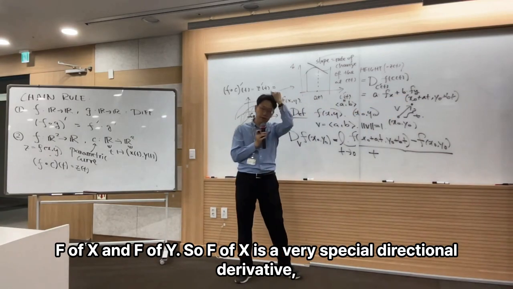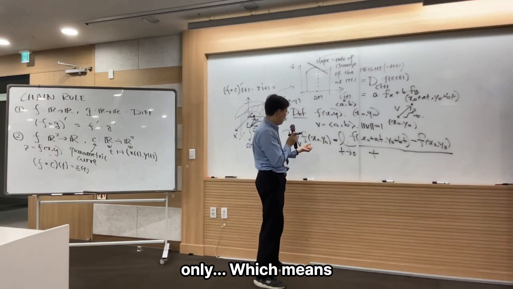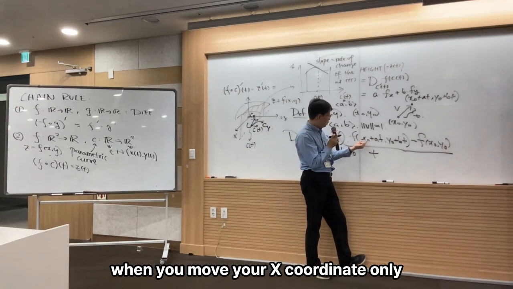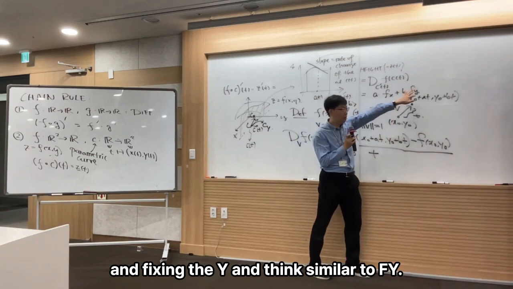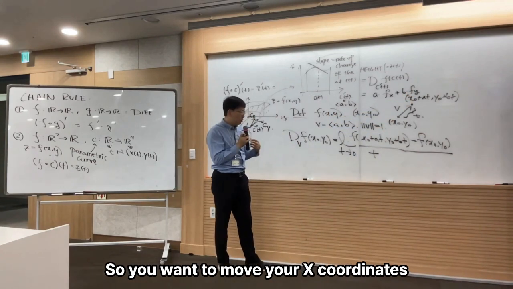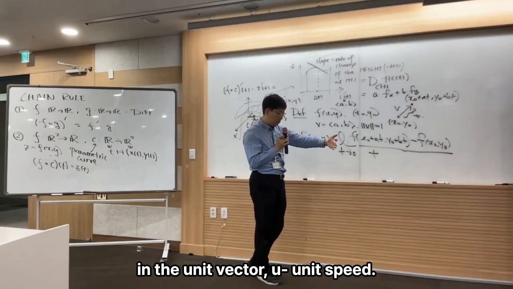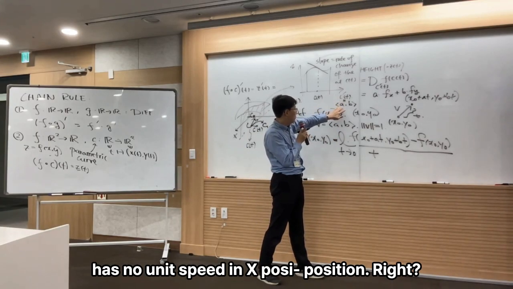So f sub x is a very special directional derivative, which means that you're taking a measure of the ratio when you move your x coordinate only and fix the y, and similarly for f sub y. So you want to move your x coordinate at unit speed, but the actual vector has no unit speed in the x position, right?